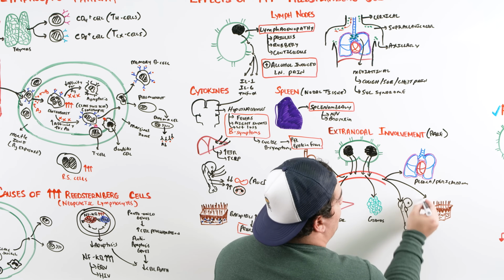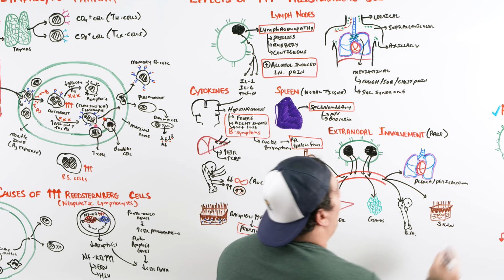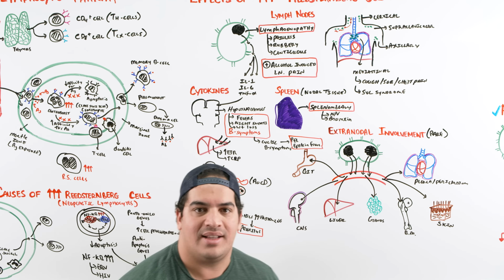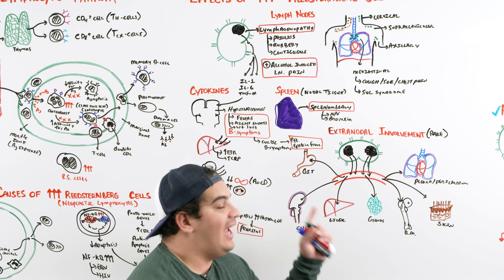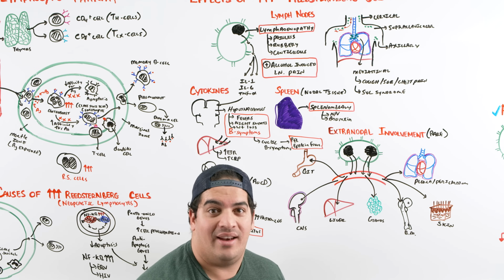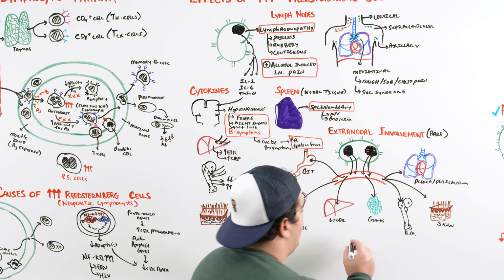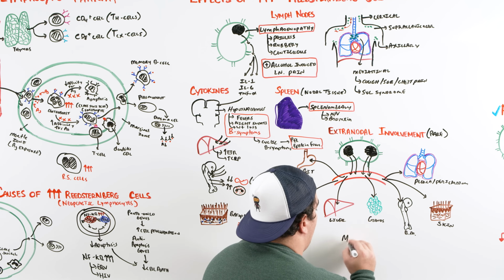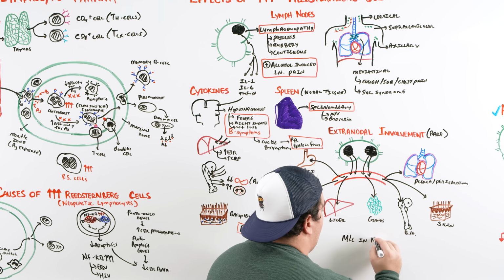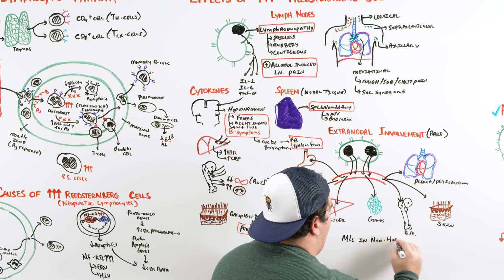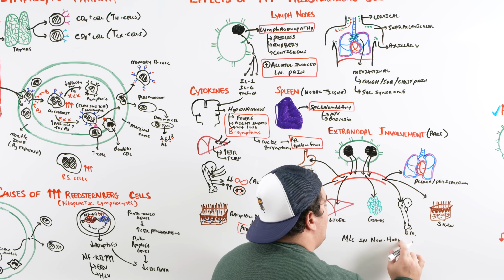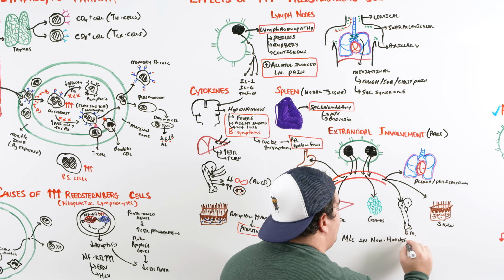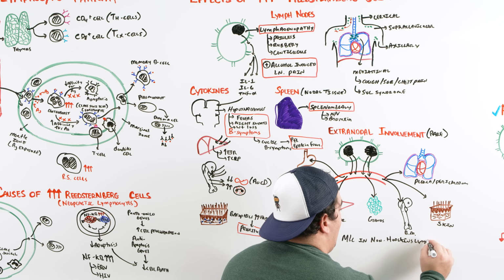Or it could even spread to the skin. However, these are not as common as you will see, and it can be way more common in non-Hodgkin's lymphoma. So the big thing I want you to remember here is it's more common in non-Hodgkin's lymphoma. And that's a really, really important thing here. You can potentially see it, it is just not very common.